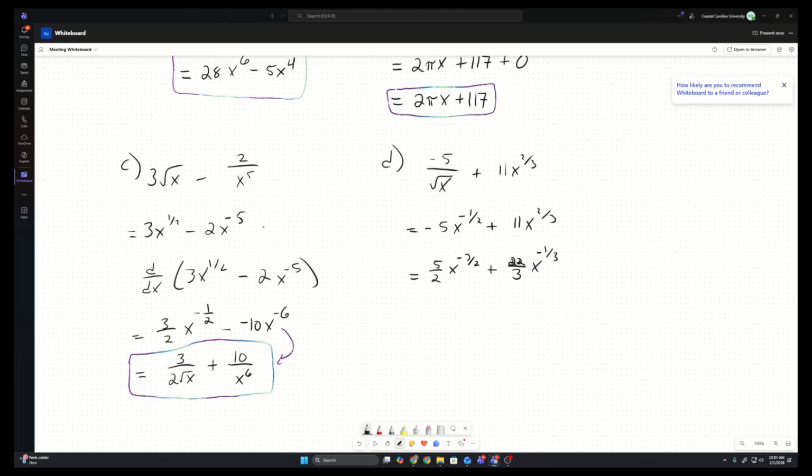If I rewrite this to make it look like over here, we get essentially 5 over 2 times the square root of x cubed plus 22 over 3 times the cube root of x. This would be the formal, everything put together very nicely answer.